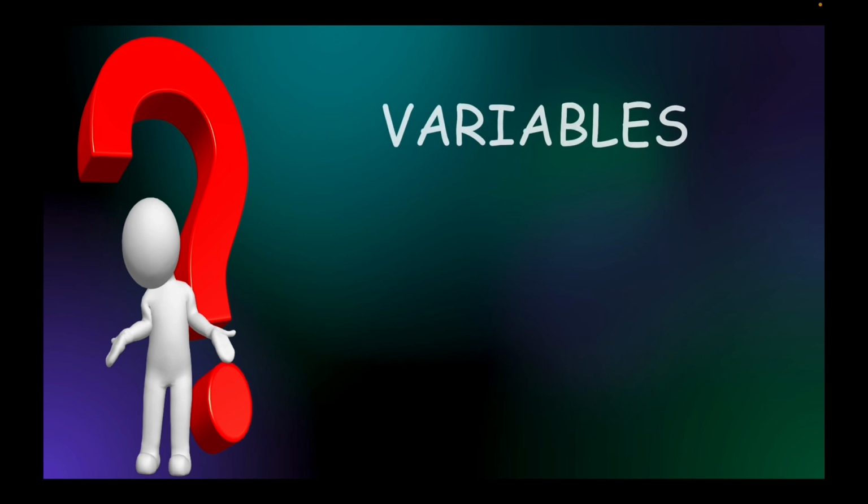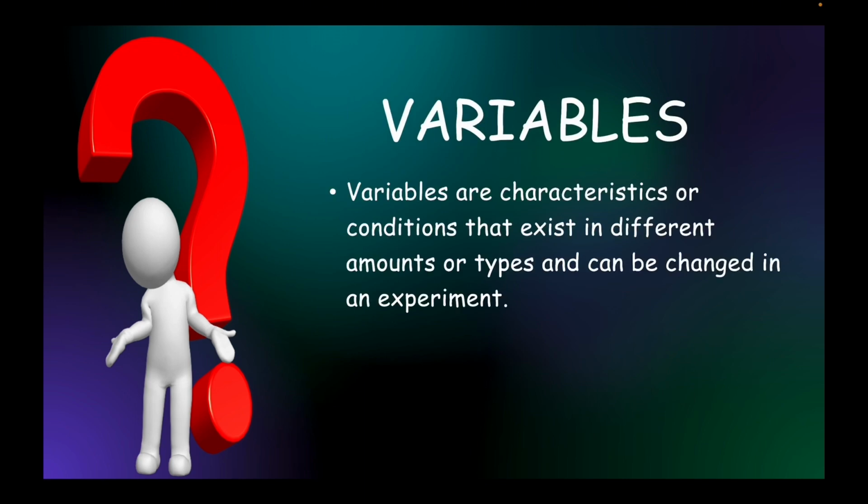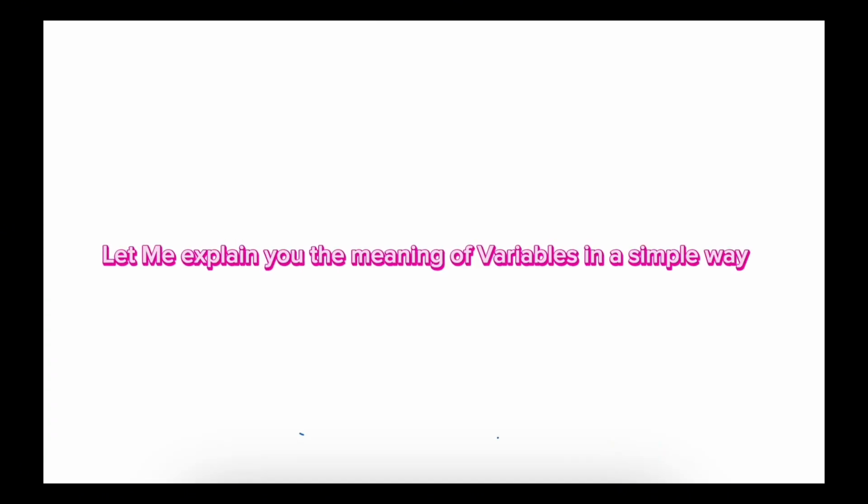What are these variables? They say that variables are characteristics or conditions that exist in different amounts or types and can be changed in an experiment. Alright, now let me explain you variables in a simple way. I will explain you by giving an example of an experiment.